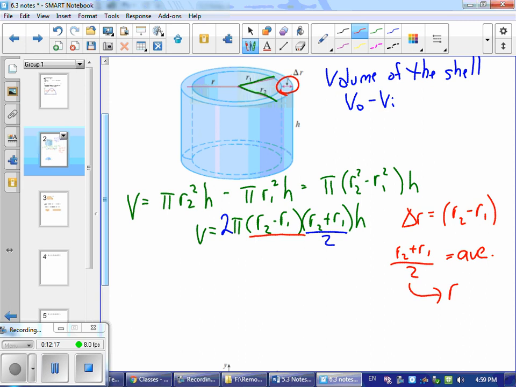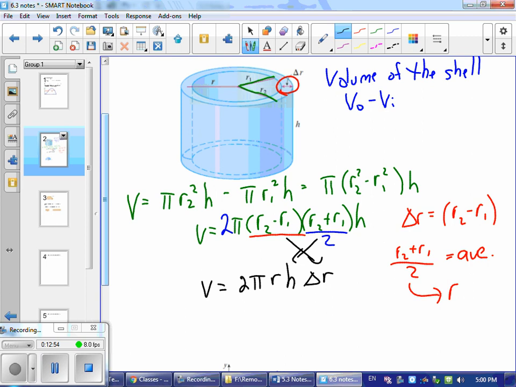Putting all of this together, what we end up with is the volume equals 2 pi R, and that's from that piece right there, H delta R. And the delta R comes from right there. 2 pi RH delta R.